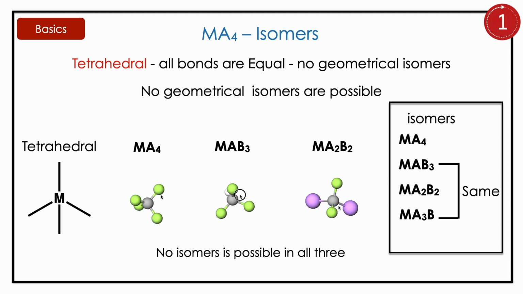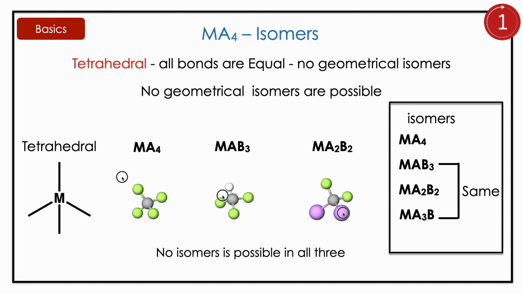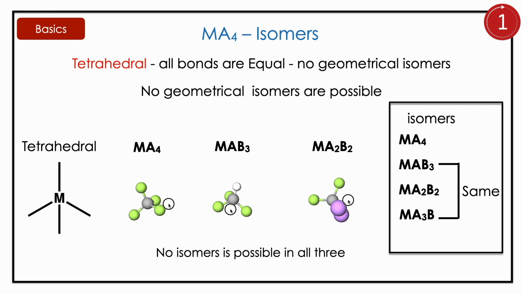Here MA4 doesn't have any geometrical isomer. MAB3 also not, because structure is symmetrical. Then MA2B2 also doesn't have any isomer. So tetrahedral doesn't have any geometrical isomer. If you draw it also, you will get the same structure.